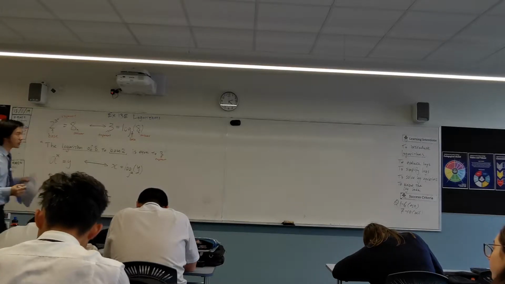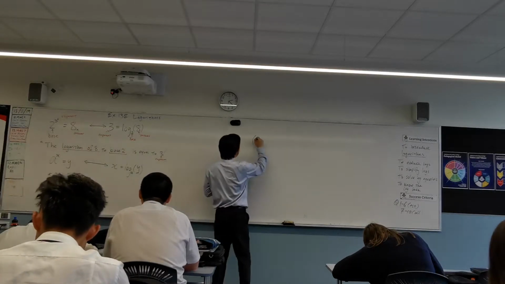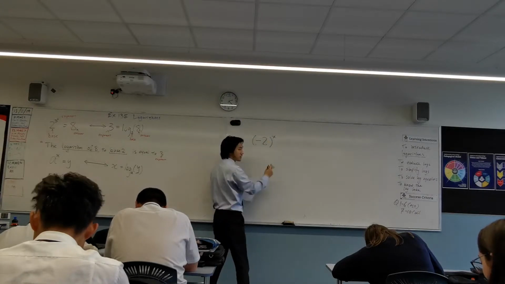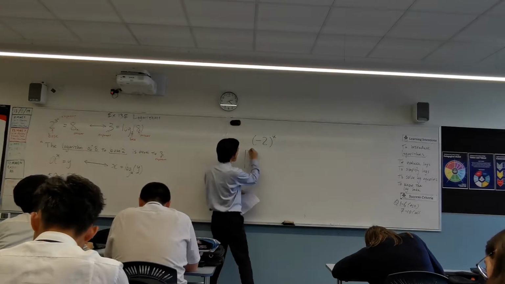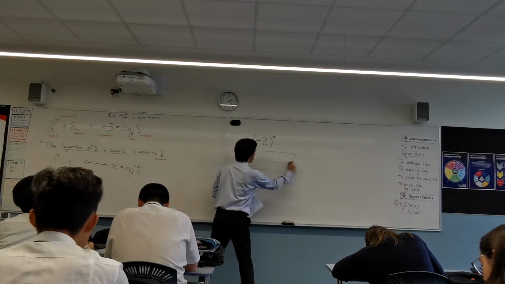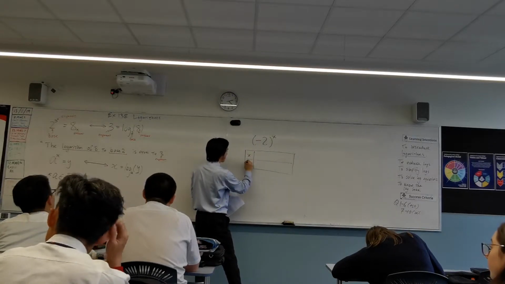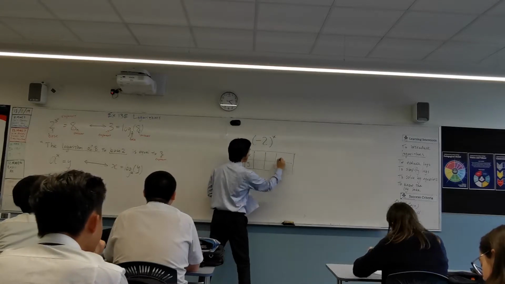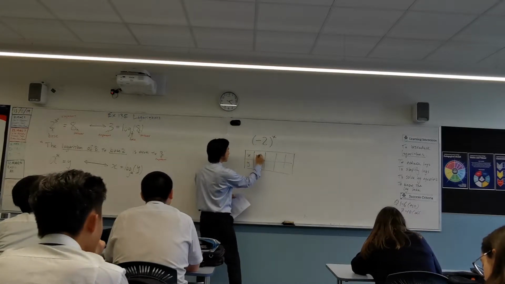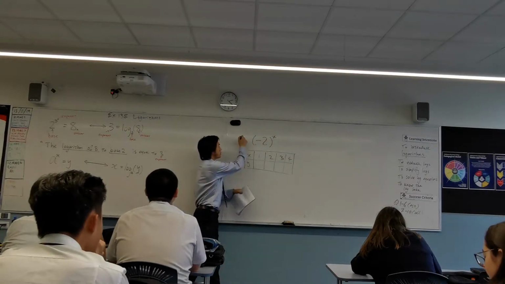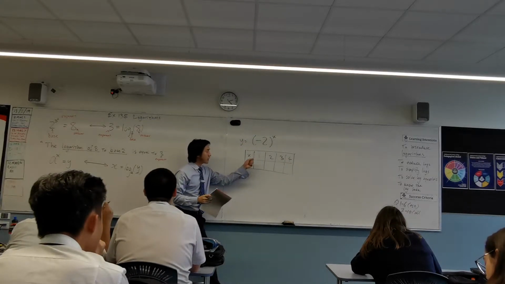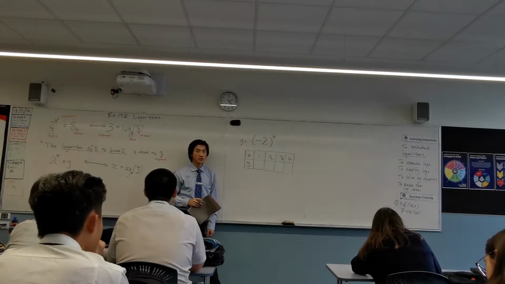In fact, I'll show you why it can't be negative. So here's an example. Negative 2 to the power of x. I think I showed one student the other day. Now if you try to make a table of values, you don't have to copy this down, but it's just to show that it can't work with x and y. Okay, so let's say x is 1, 2, 3, 4, and this is y equals. If I sub in 1 to x, what would be y?